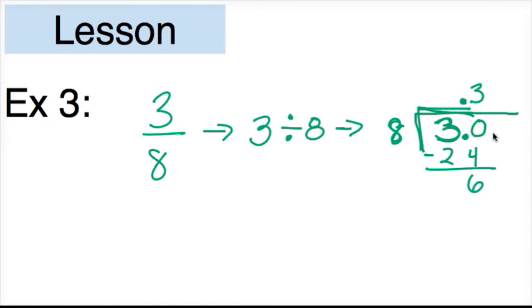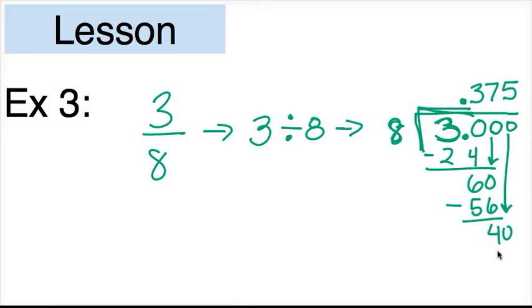I can use another 0 so that I can bring that 0 down and continue to divide. Remember, I'm not changing the value inside. 8 times 7 is 56. Gets me close without going over. Bring my 0 down. 8 times 5 is 40.